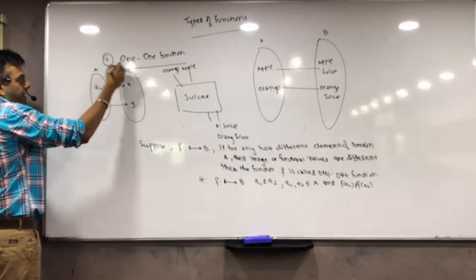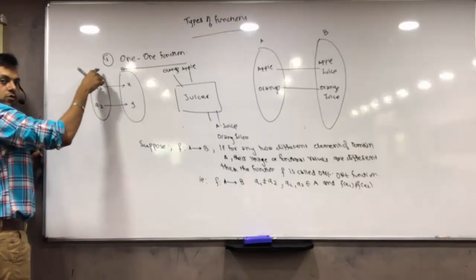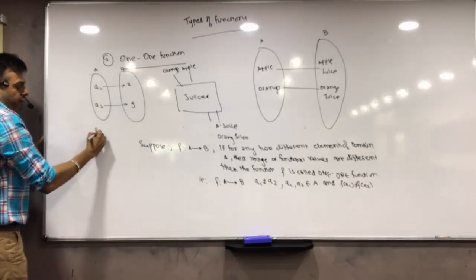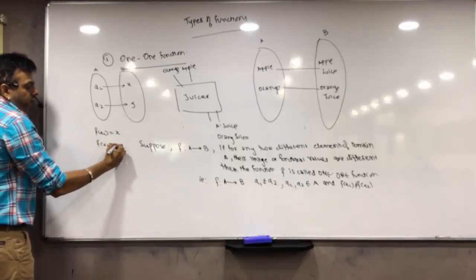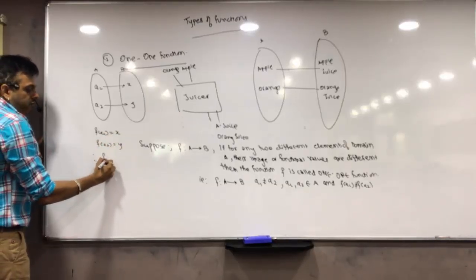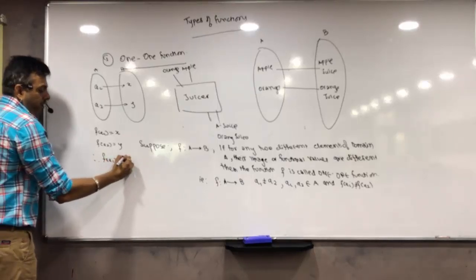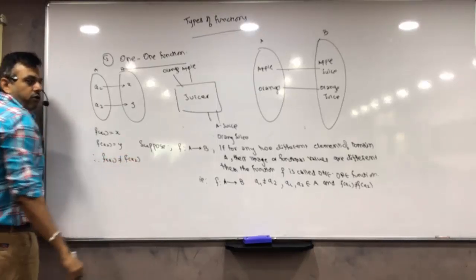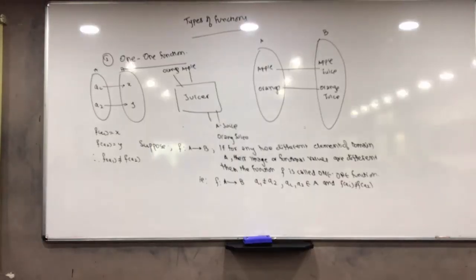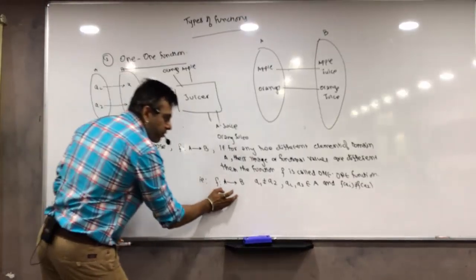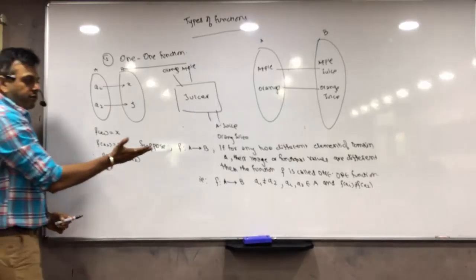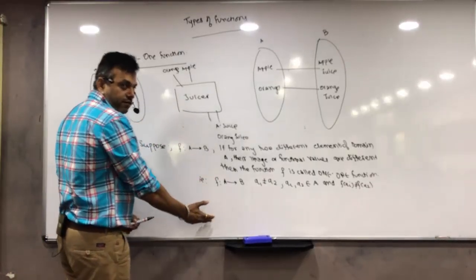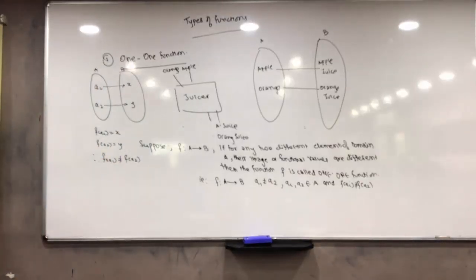At the same time, A1 and A2 belong to A. Function of A1 is equal to X and function of A2 is equal to Y. Therefore, function of A1 is not equal to function of A2. Is this clear? Yes. This is how you have to remember this. When you write a definition, if you write this also, it will get lots of marks, and then you make a diagram.